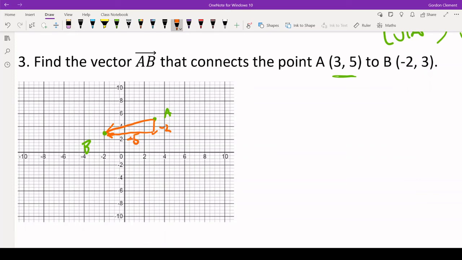I believe I got that right. If I redrew that at the origin, I'd go down 2 and left 5, and that vector would end up there. So the vector A to B is negative 5, negative 2. That's the point you'd end up at if you started at the origin.